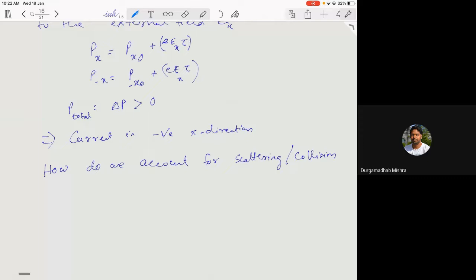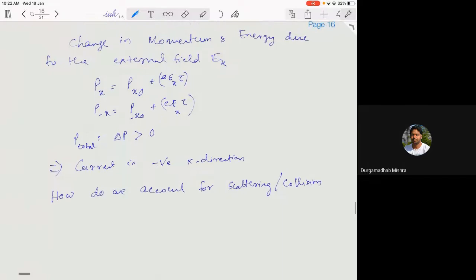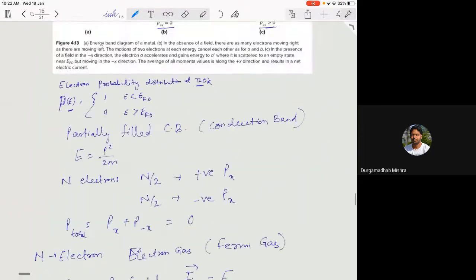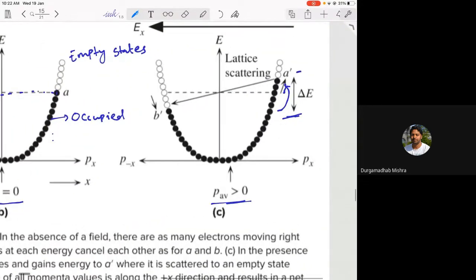Now, going back to the picture, we have electrons occupied up to a state A dash, as a representation. This electron at A dash will get scattered and jump to an unoccupied state.